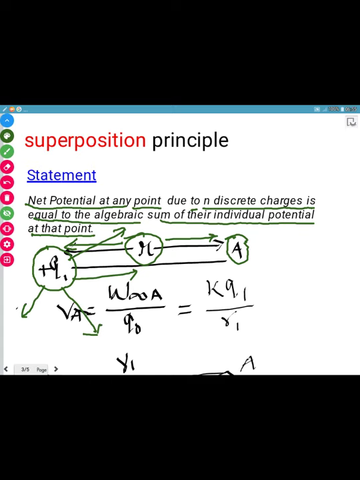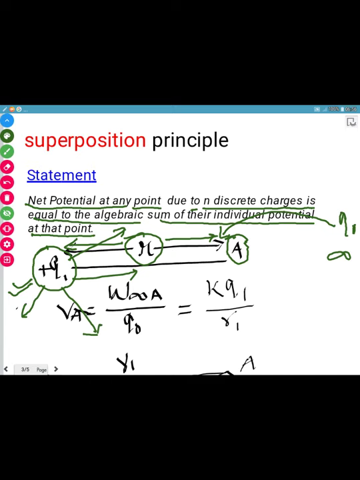So the potential at any point which is r distance away from any charge is equal to the amount of work done to bring Q naught charge from infinity to that point.